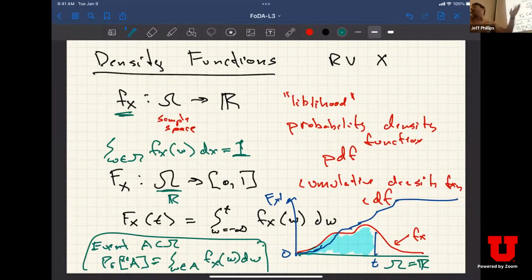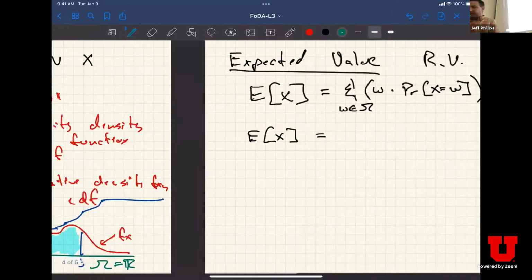I have to integrate over a continuous space, like someone's height being between 60 and 72 inches. I can look at that probability, but I can't say their height is exactly 67.84 inches. That doesn't really make sense because it's not actually discrete values.